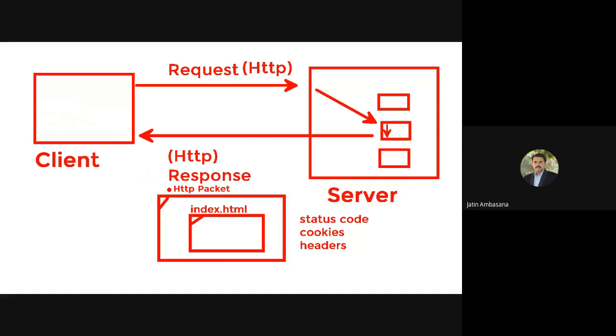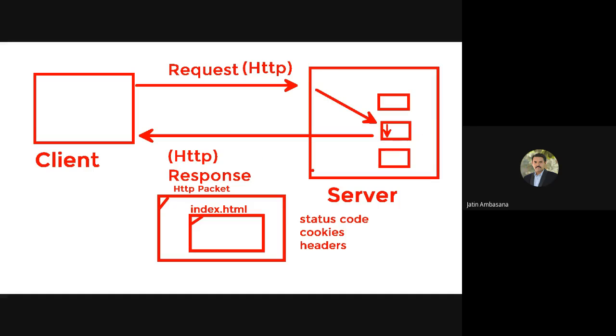What is an HTTP response? It is nothing but an HTTP packet which has the output in the form of either the file or the output given by the processing of the resource. That may be a servlet, an HTML file, or a JSP file.